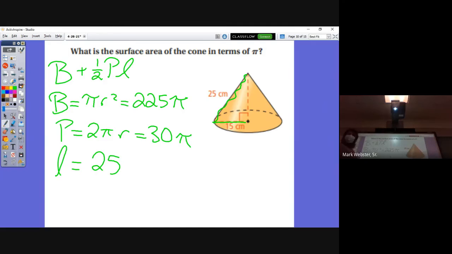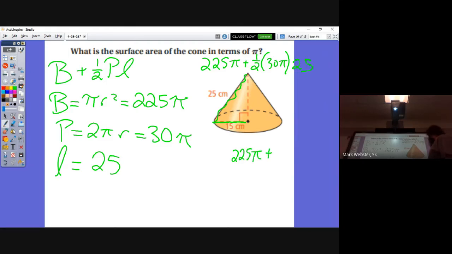So now it's just the same thing. B plus 1/2 PL. So times 25, right? And then just doing that. This is 225.